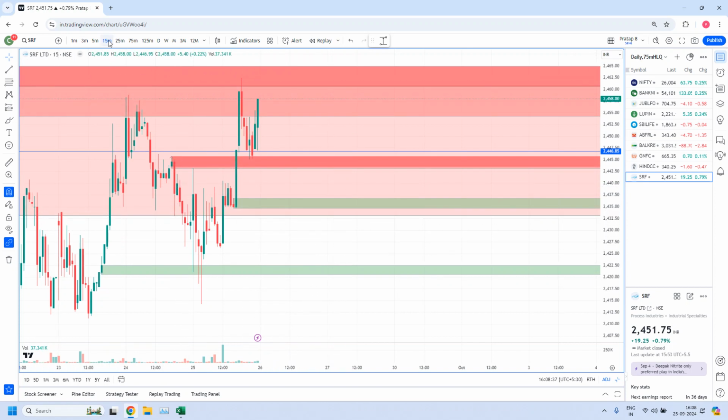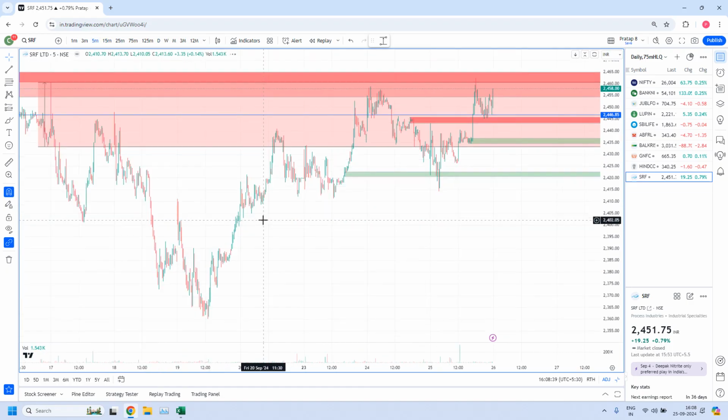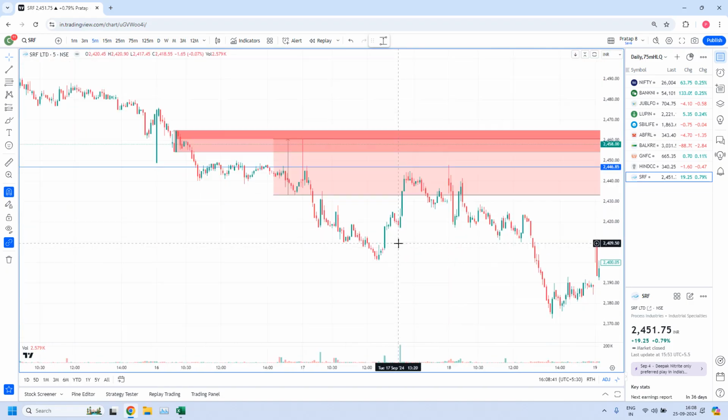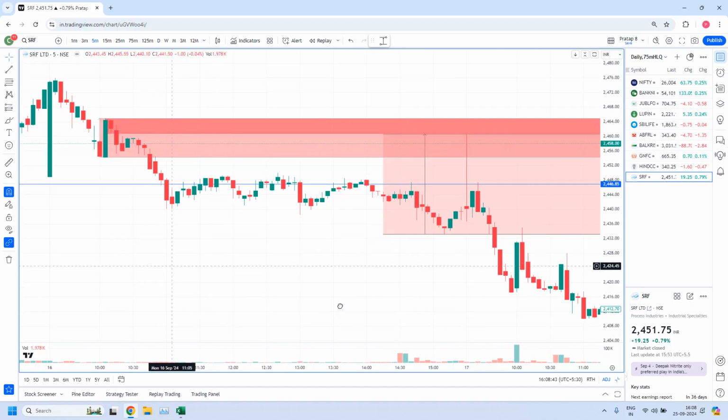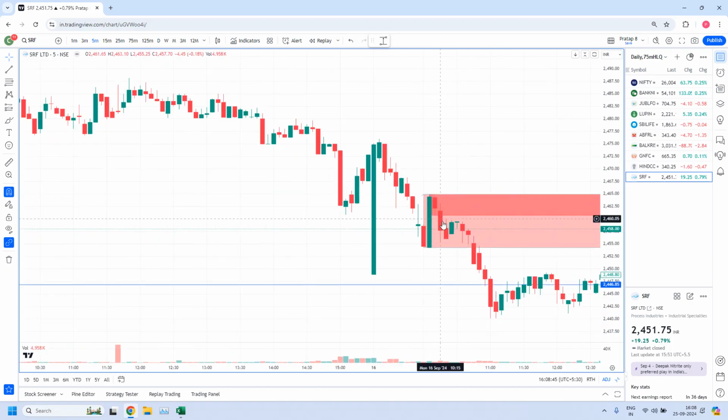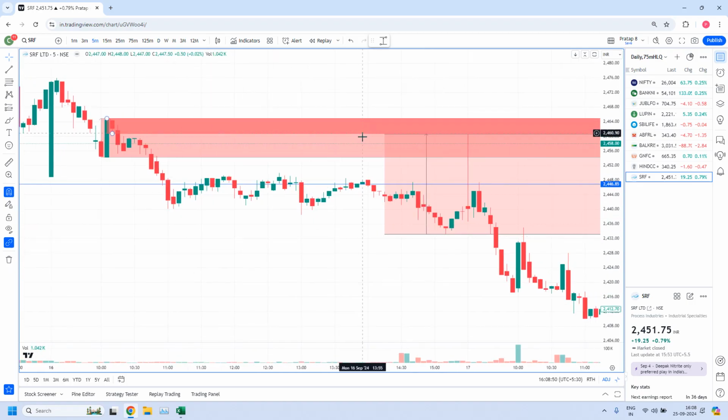And this is again fine tuned with the 5 minutes time frame. See here you have a rally base drop, a fine tuned 5 minute zone. And this fine tuned 5 minute zone is the origin for this entire 75 minute zone. See here in this candle, the 75 minute zone actually picked up the orders.